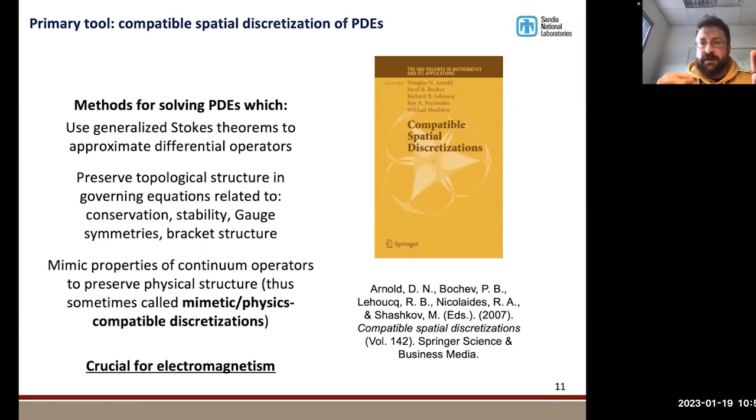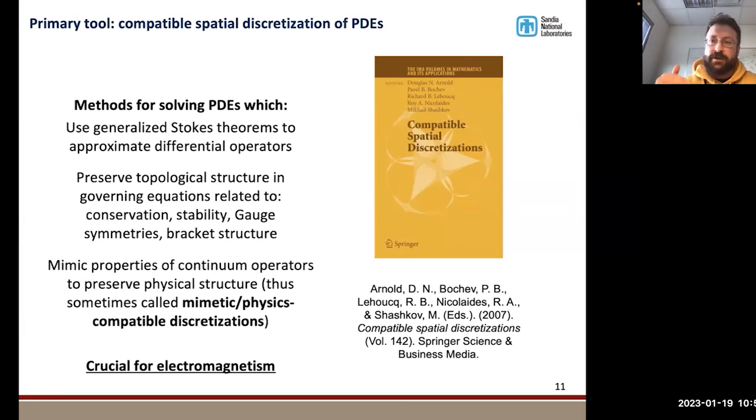So like if you want to do a div, you work with the Gauss divergence theorem. And the simplest example of this would be a low order finite volume method, which people might be familiar with. So it turns out that by being faithful to the Gauss divergence theorem, you're being faithful to topology and geometric structure that's hidden inside of these PDEs.